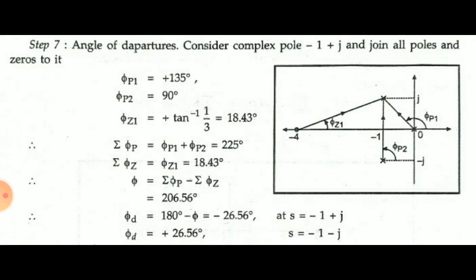After calculating, you will get theta d, the angle of departure, equal to plus 26.56 for s equal to minus 1 minus j, and minus 26.56 for minus 1 plus j.